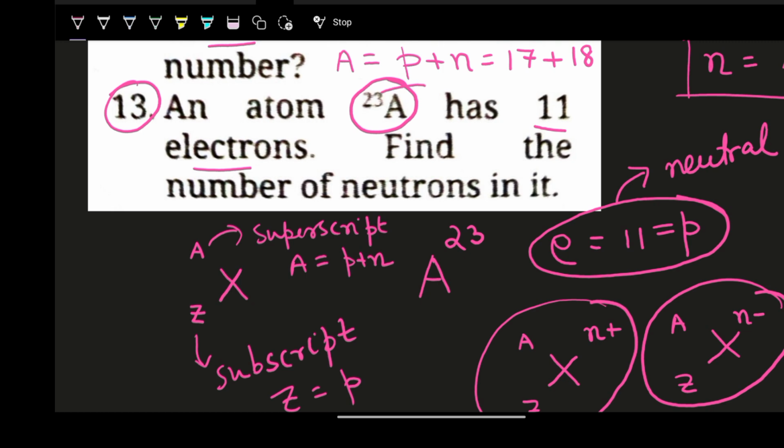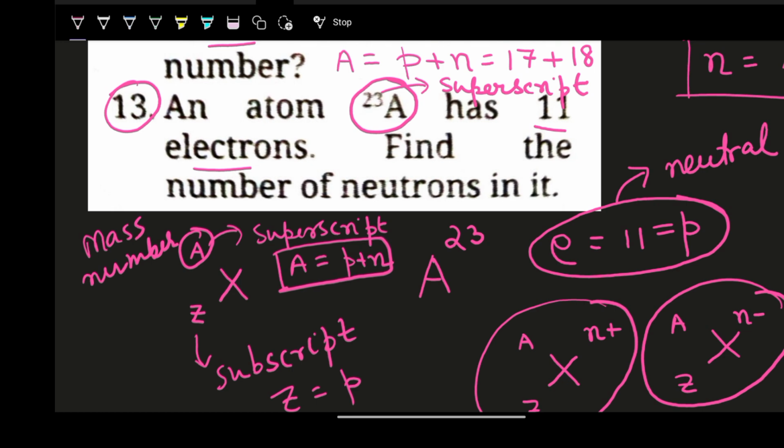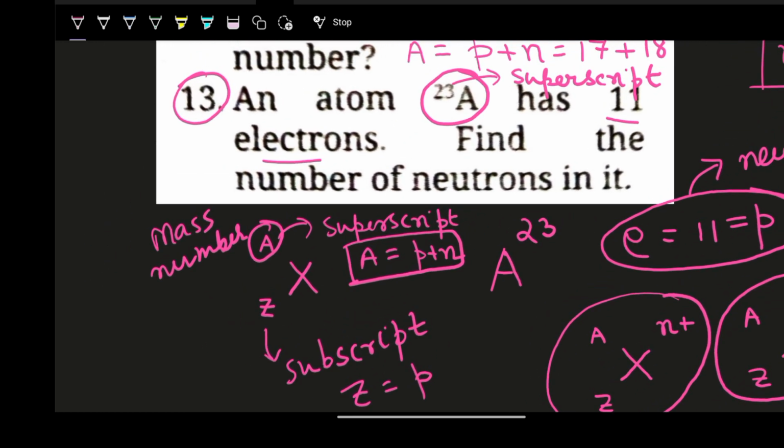ये 23 कहाँ पे लिखा है? ये superscript में लिखा है. Now just now I said कि superscript में क्या होता है? मास नंबर होता है. और व्हाट इज मास नंबर? इट इज इक्वल टू नंबर ऑफ प्रोटॉन प्लस नंबर ऑफ न्यूट्रॉन. सो इसके हिसाब से वी कैन से, नंबर ऑफ प्रोटॉन प्लस नंबर ऑफ न्यूट्रॉन एज पर द क्वेश्चन इज 23.